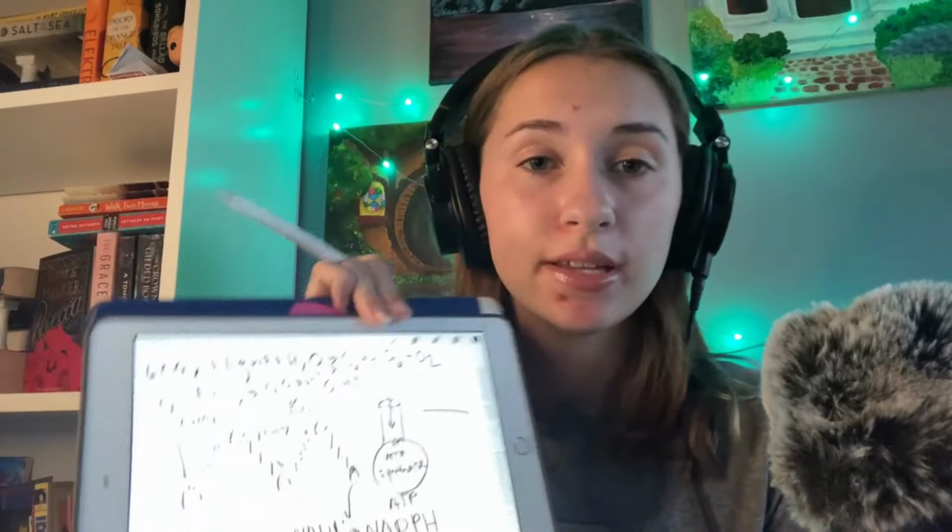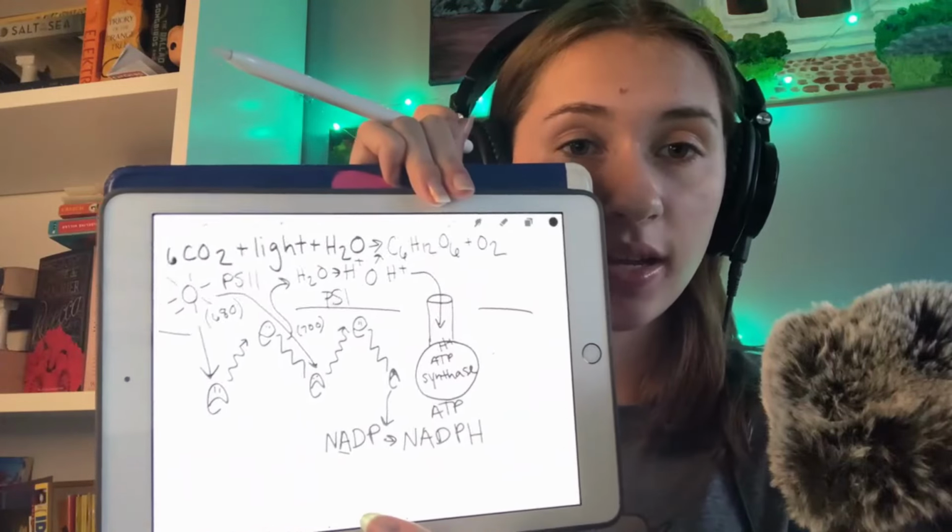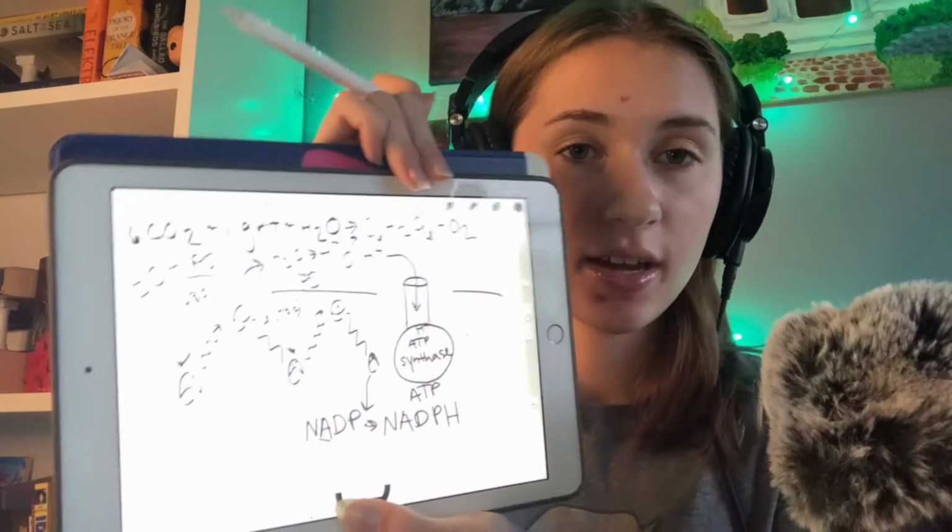So in Photosystem 1, the electron gets excited again with 700 light wave, and then it gets all sad. The energy from it getting sad goes to the NADP and creates NADPH. That, my friends, is the light-dependent reaction. It is light-dependent because it is completely dependent on the light from the sun to come and energize those electrons.